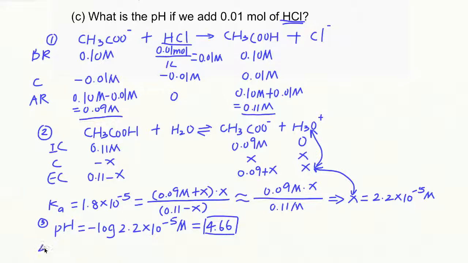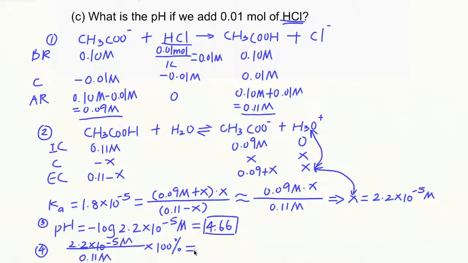Of course, the last step is to check whether our assumption is good or not. So you use 2.2 times 10 to the negative 5 mole per liter, this is x, divided by the initial concentration of the conjugate acid, 0.11 mole per liter, times 100%.